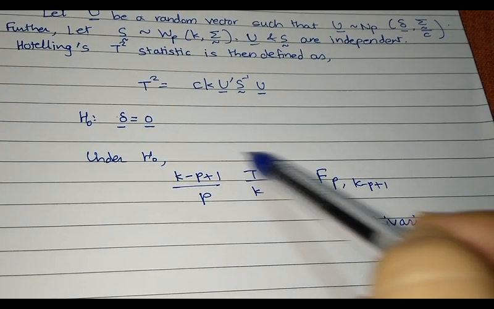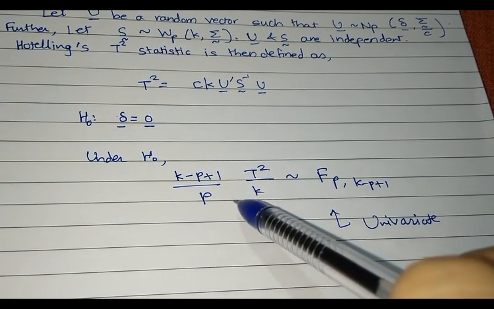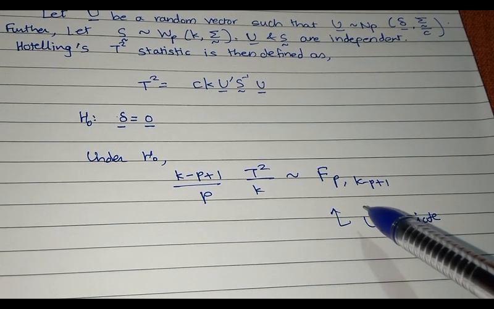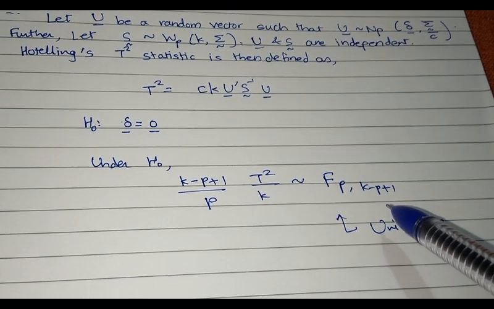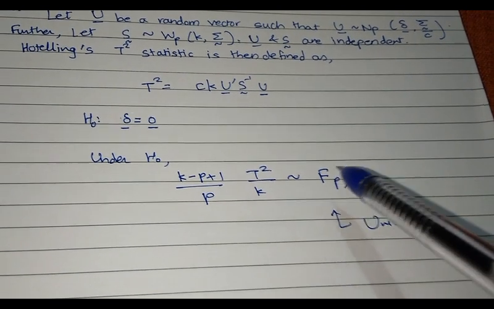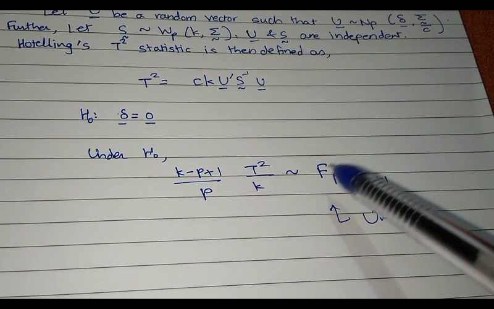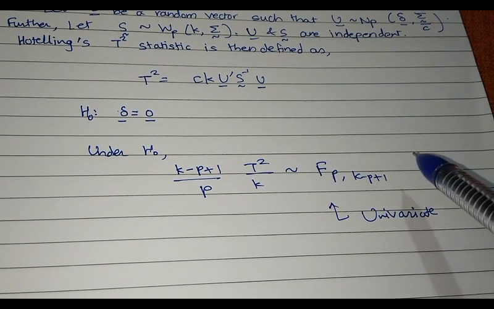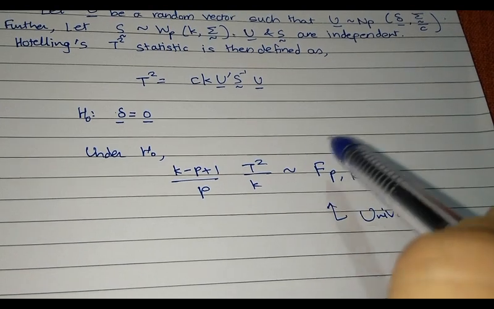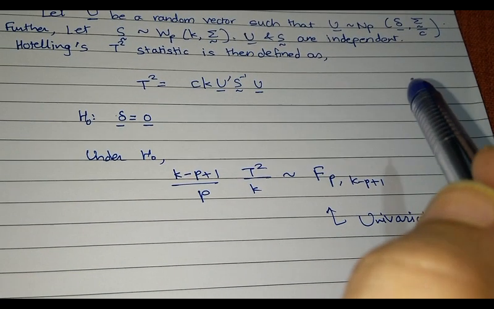So this entire thing is a scalar. This is not a vector, and hence this F distribution is the univariate F distribution that you have always been using. Please remember this. I have seen people telling me that we have studied multivariate F in Hotelling T-square. No, we have not studied multivariate F so far, and we are not going to study it, at least in this course.